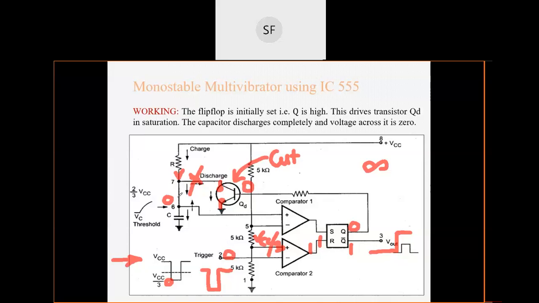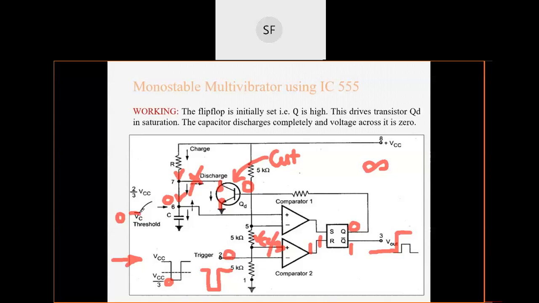So now current will start flowing in this direction, and again you can observe that current will flow through the capacitor. Once current is flowing through this capacitor, what will happen? Initially the voltage across the capacitor was 0. Now the voltage across the capacitor will start increasing.